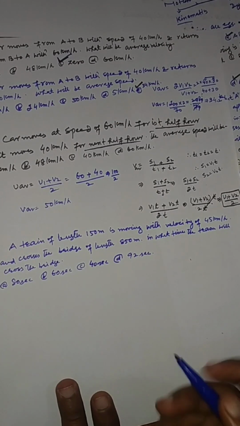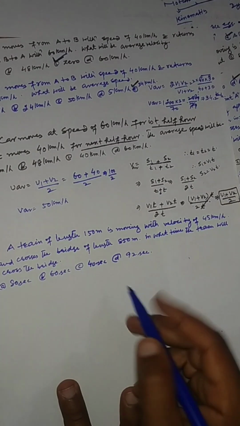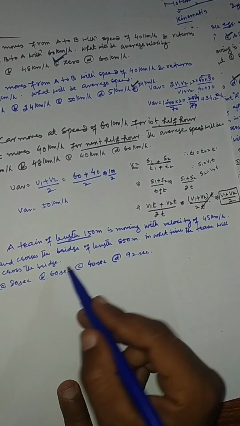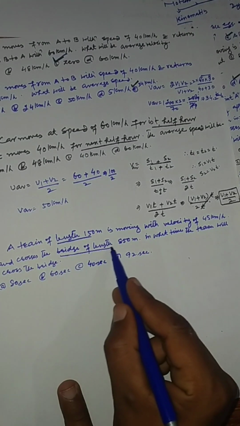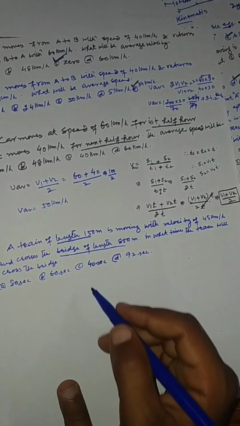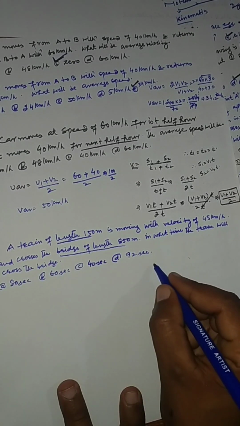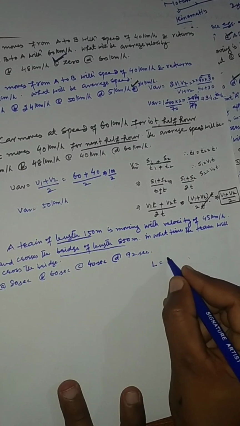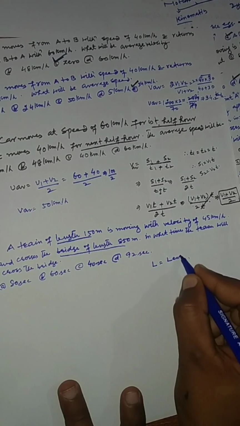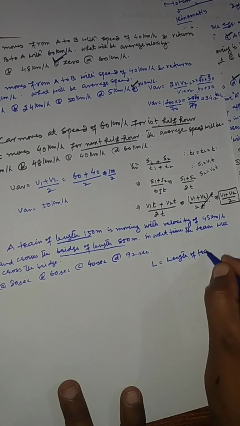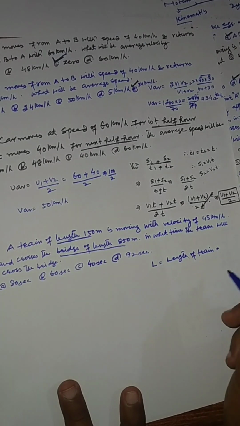Here we have been given two lengths: one is the length of the train and the other is the length of the bridge. So for that we have to add both lengths, then the total length will be the length of train plus bridge length.